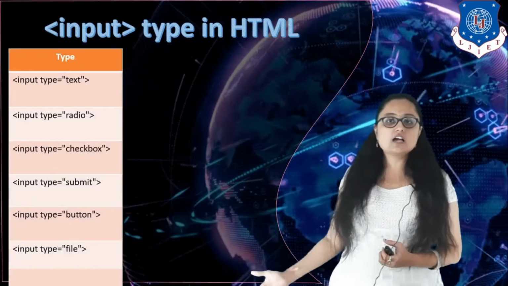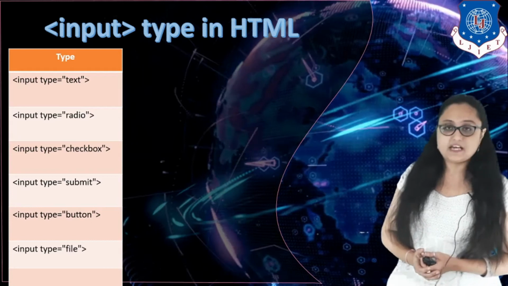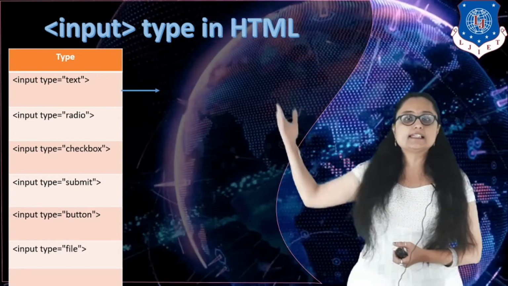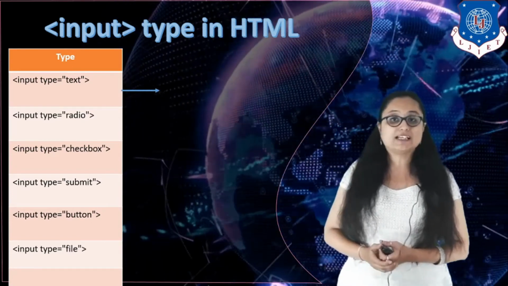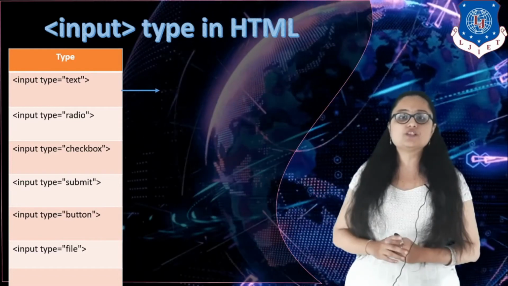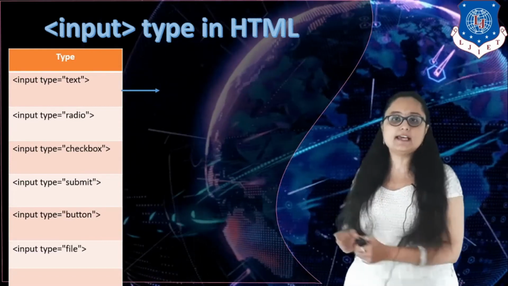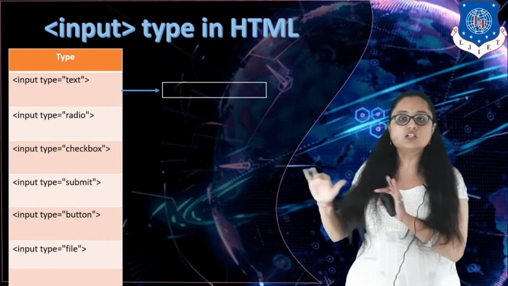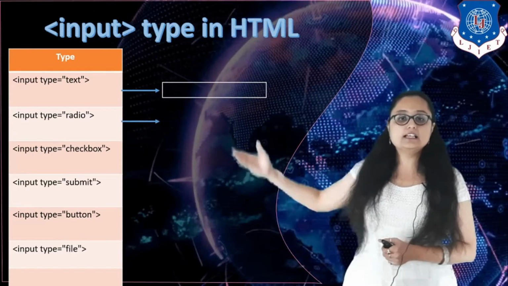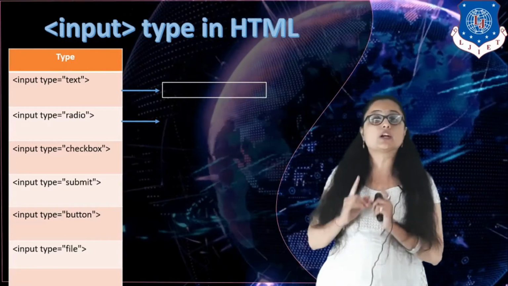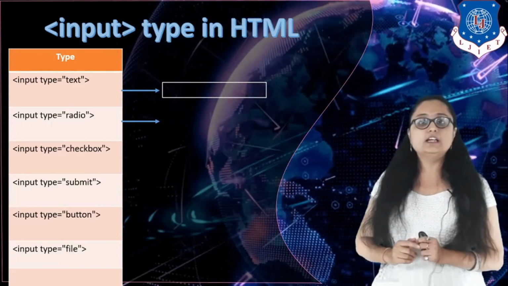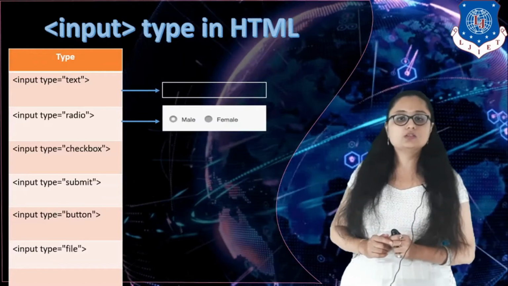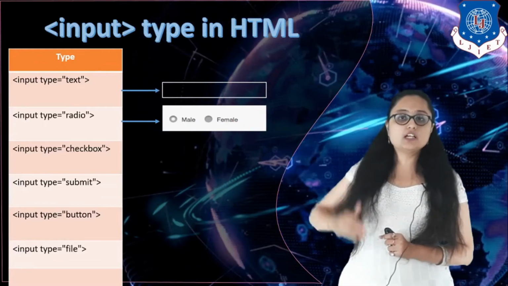So these are some of the possible values of the type attribute. The first one, you can see that input type is equal to text. So whenever you specify input type is equal to text, what will be displayed? A text box will be displayed in which the user can enter any value. The next is input type is equal to radio. Whenever you write input type is equal to radio, yes, a radio button will be displayed.